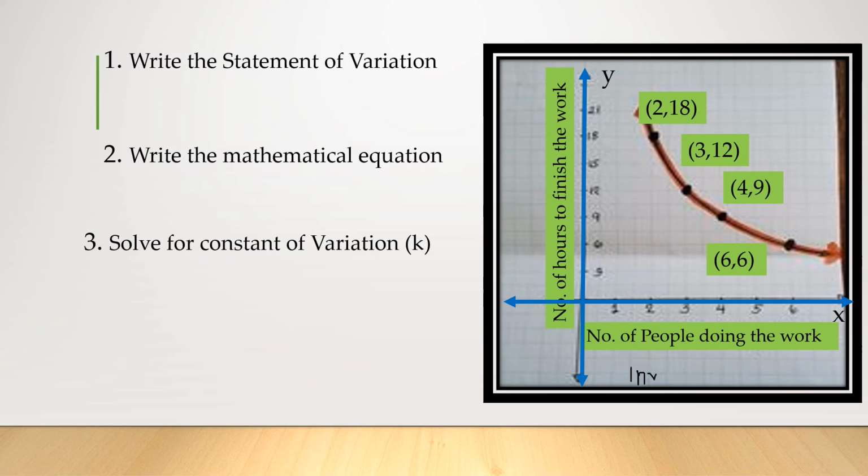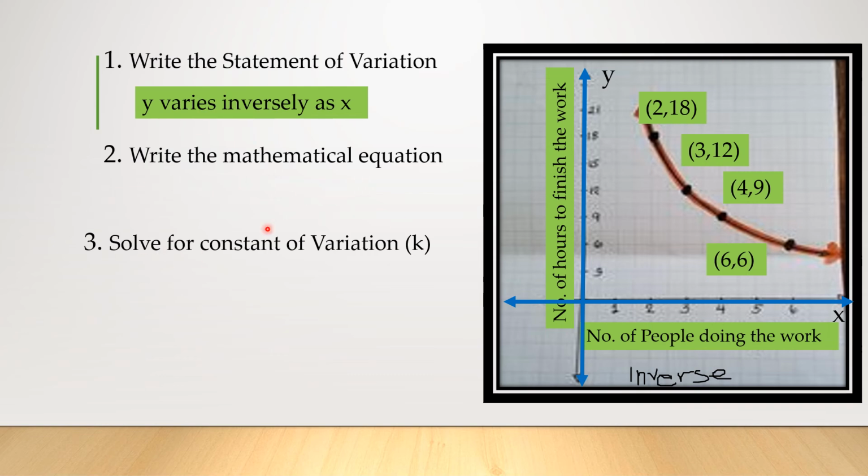So we know already the kind of variation here. It is inverse, so we can now write the statement of variation, which means that y varies inversely as x. The value of y will depend on the value of x. As x increases, y decreases.